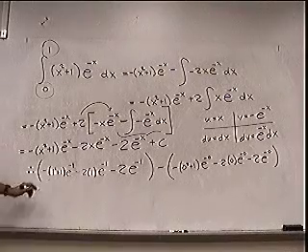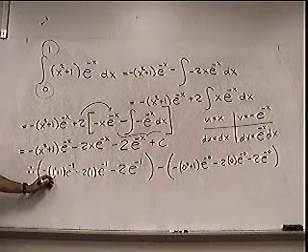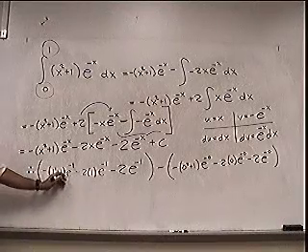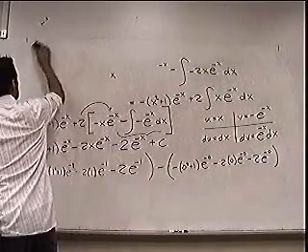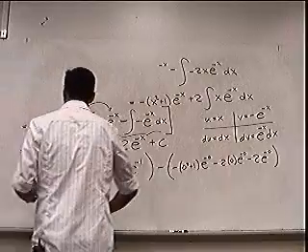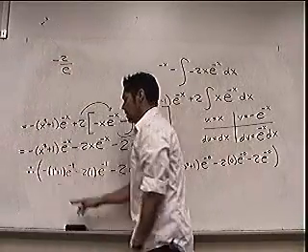What is this? What's 1 squared plus 1? 2. Negative 2, right? E to the negative 1. Yeah, e to the negative 1 is the same as 1 over e. So I'm going to put negative 2 over e. That's this one right here.